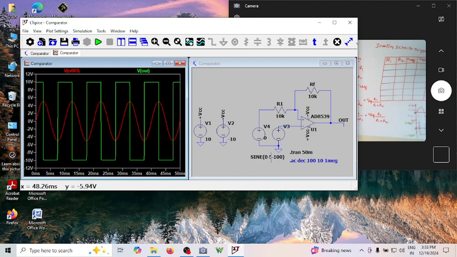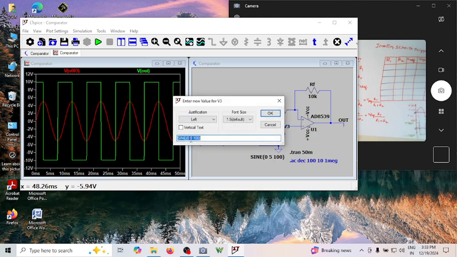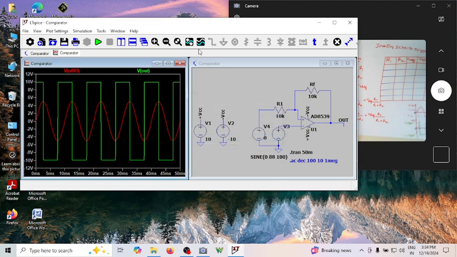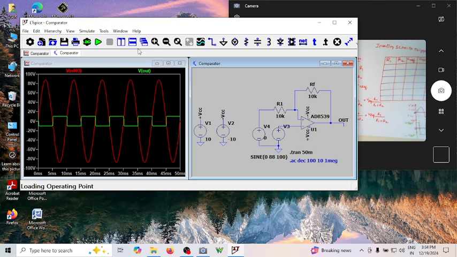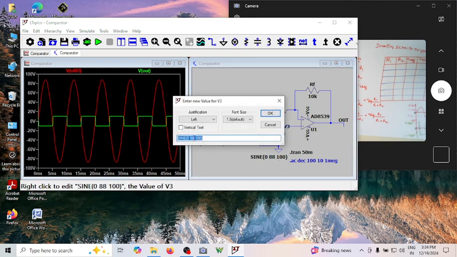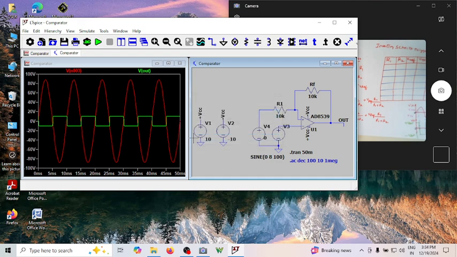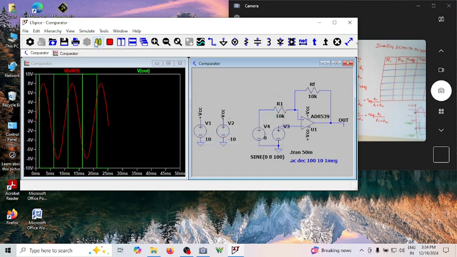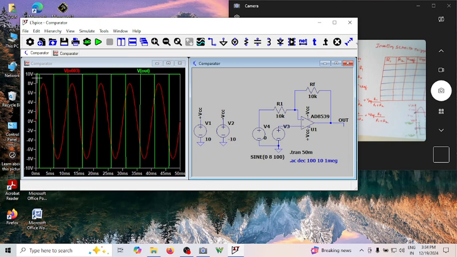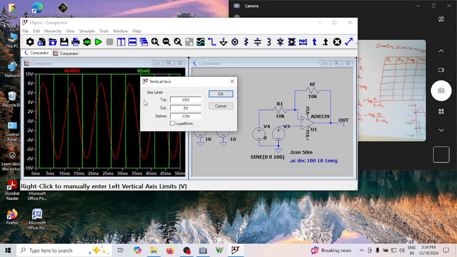Let me make it up to maybe 10 volts here, or maybe 8 volts. Now if I run it again, oh sorry, it has become 88. Let me make it 8 volts. So what to observe here is, again let me change that scale.